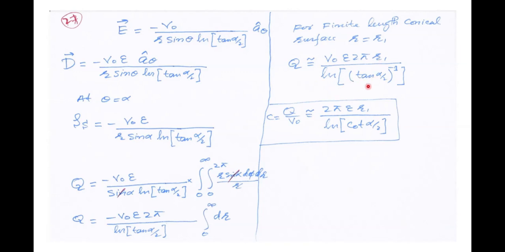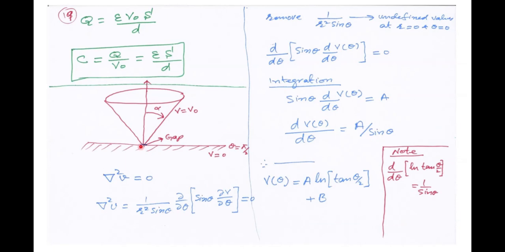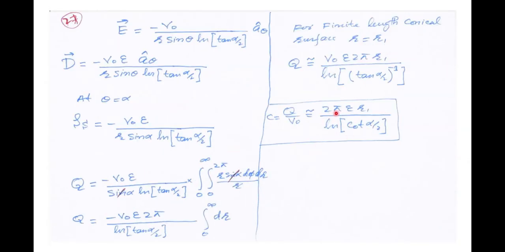The inverse of the tangent function is cotangent, so this becomes cotangent alpha by 2. So now we can easily obtain the capacitance C equal to Q divided by V naught. By putting the value of Q in this relation, we obtain the capacitance at the gap between the conical surface and the conducting sheet, and that is equal to 2 pi epsilon r1 ln cotangent alpha by 2.